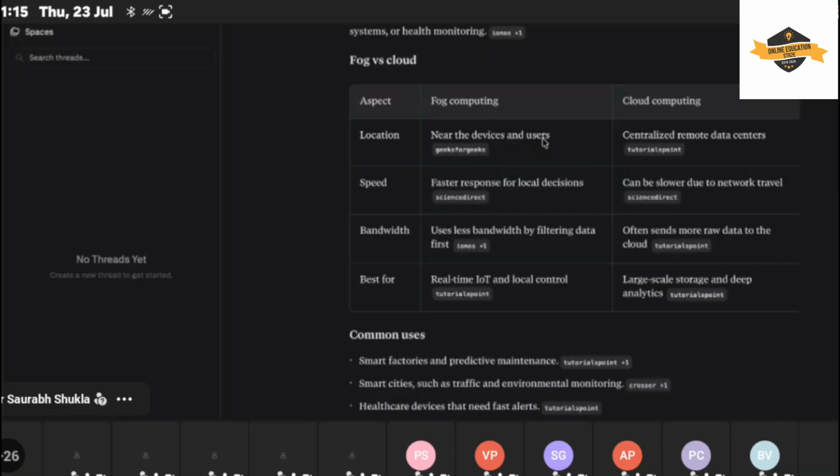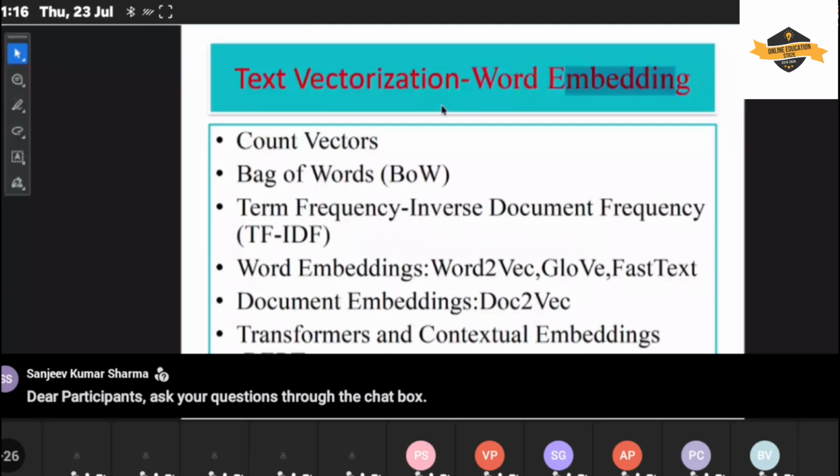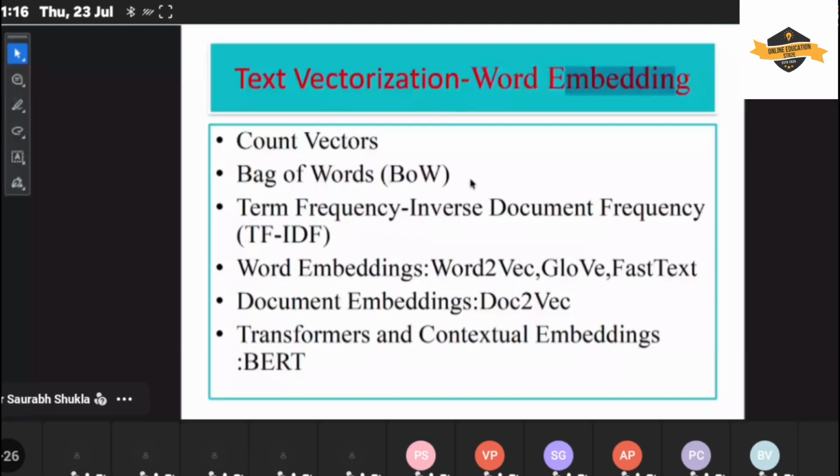So what does it mean? They work on the part of NLP. NLP again has many components. One part is that these models cannot understand language, so it needs to be transformed into numbers. This is done with the help of text vectorization.